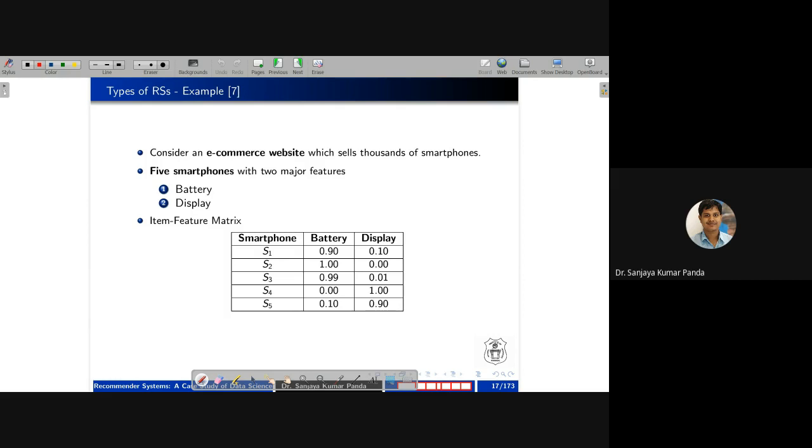Okay, and each and every smartphone has a number of features, but we consider here only 2 different features. One feature is called battery, another feature is called display.